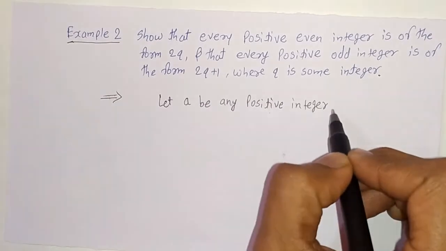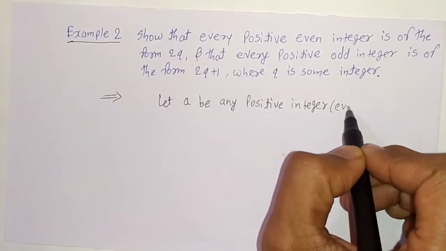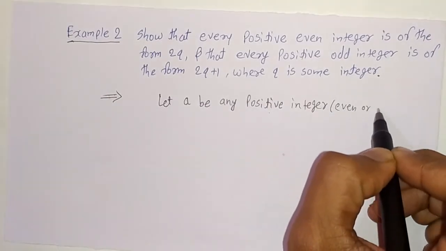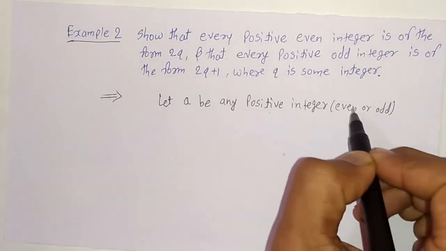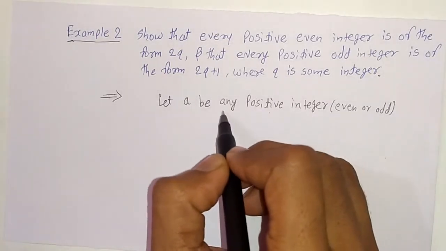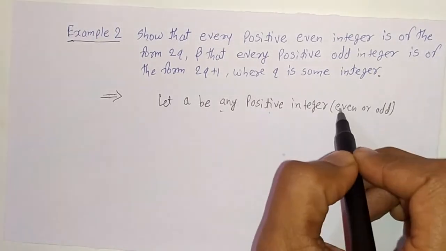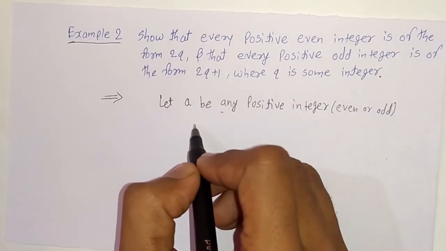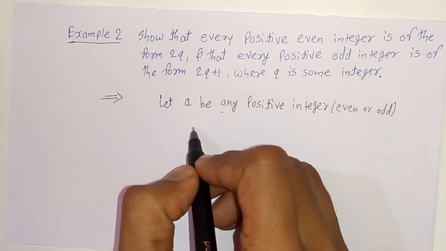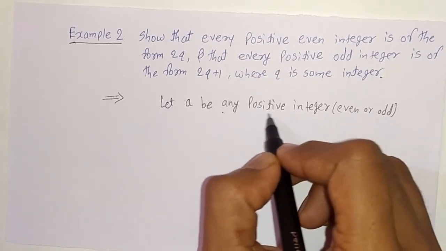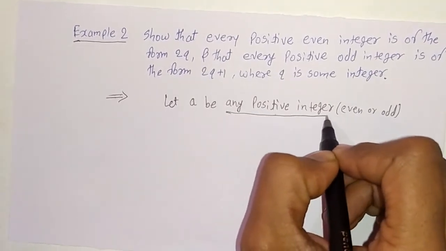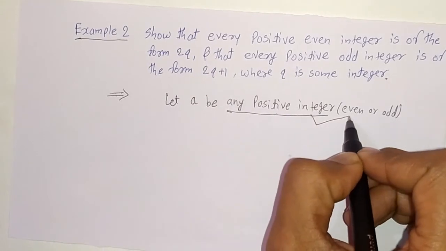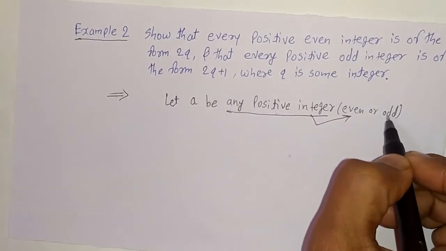It might be even or odd. It is any positive integer, so it will be even or odd. Now apply Euclid's division lemma.